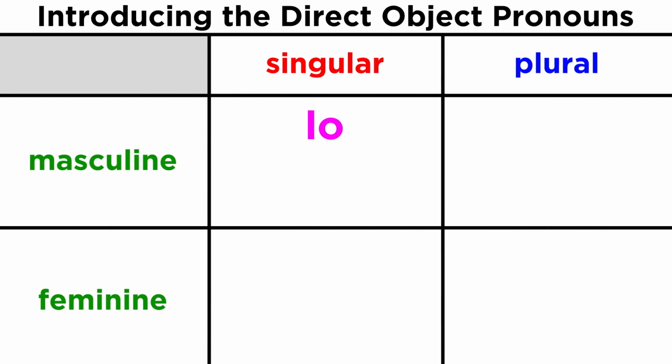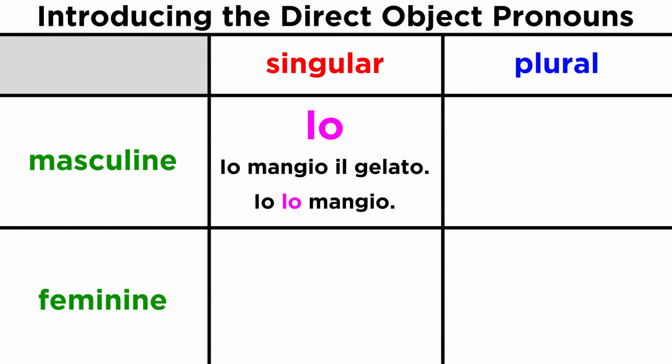For the masculine singular, it's lo. Io mangio il gelato. When we replace the direct object, il gelato, with a direct object pronoun, we get io lo mangio. For feminine singular, we use la. Io mangio la pizza.